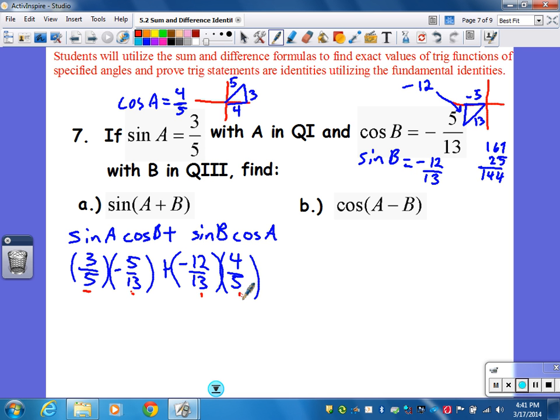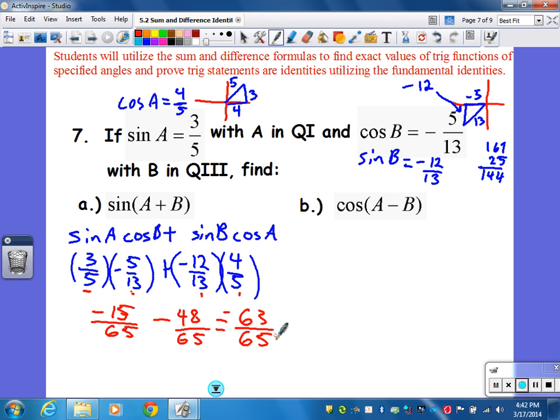So, okay, now we have a negative 15 over 65, plus, because we can just multiply straight across when we're multiplying fractions, 48 over 65, which is equal to 33 over 65.